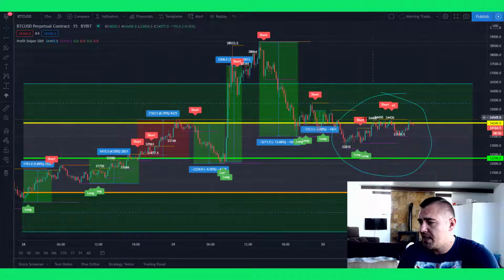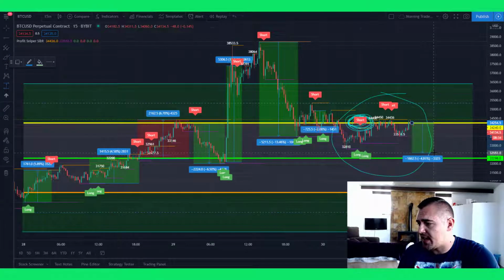So essentially, these three flags here, you would still be in this trade because you have a stop loss of 5%. We haven't hit a 5% move yet, so you would still be in this short right now. So in order to win that, you would need to see the price action from here move down to a level where you can take profit and the next long flag appears.